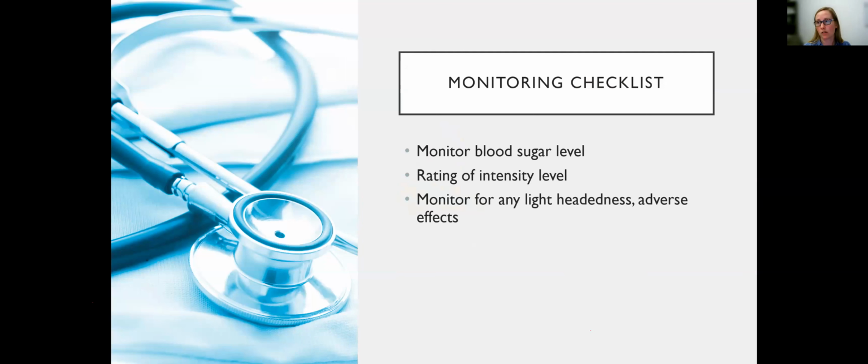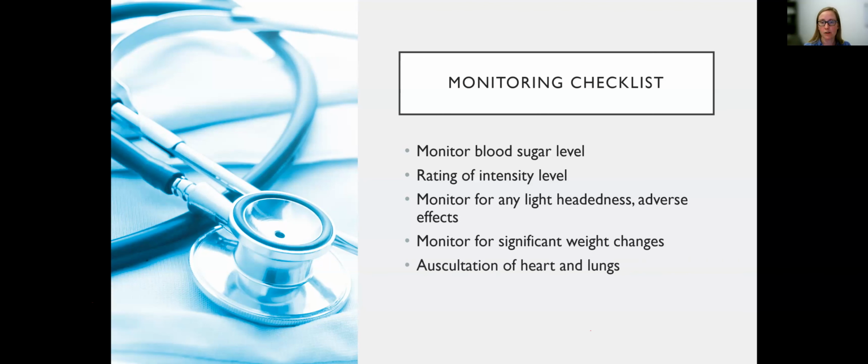We're going to be monitoring for any of those adverse or side effects from the medications, and modifying our activity if we need to. With his comorbidities of the heart failure, we do want to see if there's any significant changes in weight. Also, the auscultation of heart and lungs, looking at any dehydration. That was one of our risk factors with the medications.